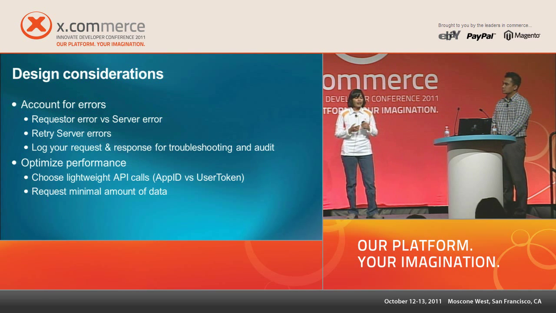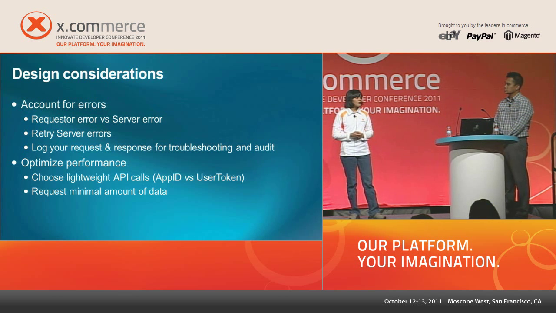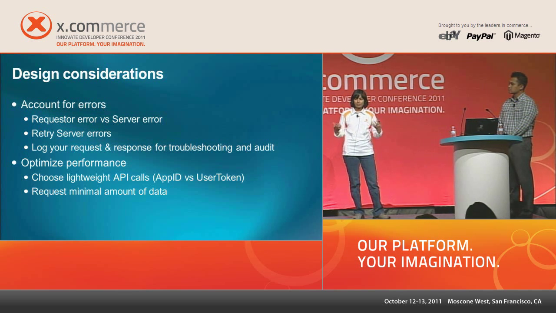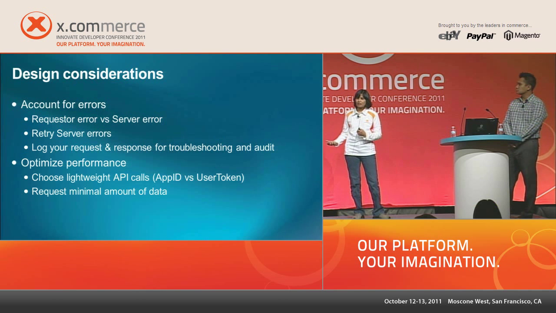Anything that does not require a user token is definitely going to be much lighter because you don't have all the heavyweight authentication going on in the background to ensure that the user has actually given you permission to make calls on your behalf and so on. So anytime you need to make a choice between 2 APIs, choose the one that gives you just the information that you're looking for and requires less authentication.